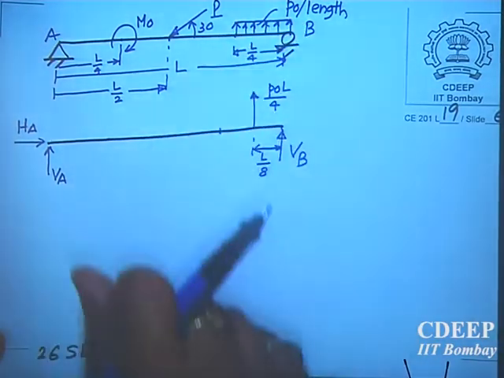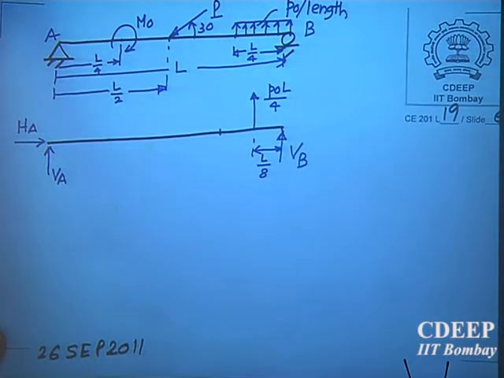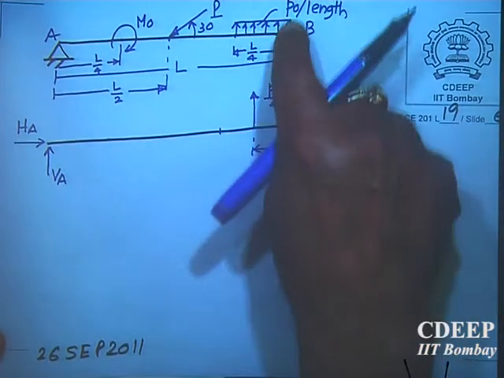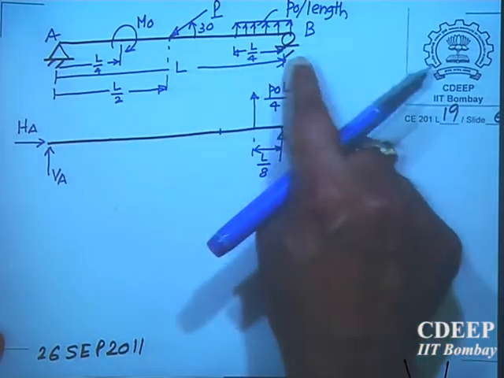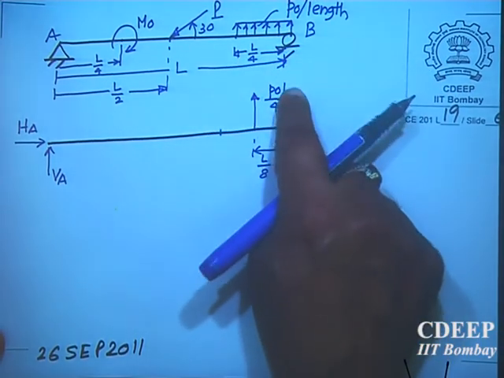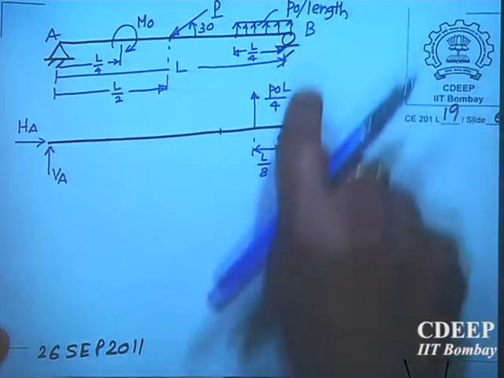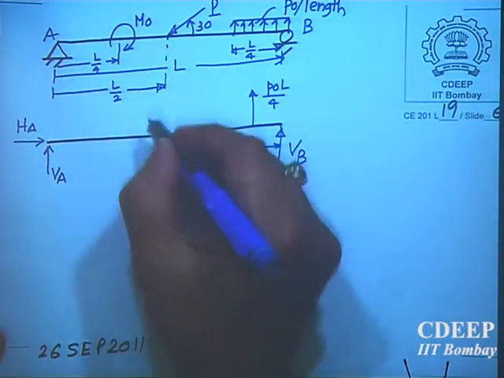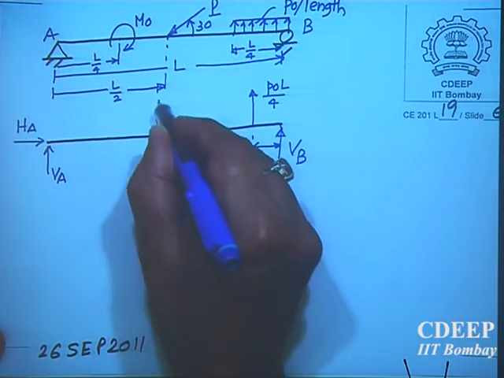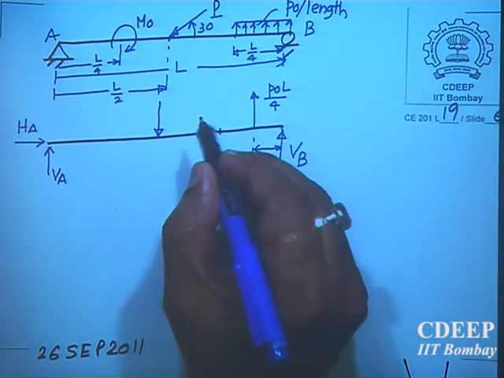This total load, this is a UDL, uniformly distributed load. Intensity of load is P naught. So total load is P naught into length. What is length? L by 4. So L by 4 total load upwards, and that will act at the center. Center is at what distance? L by 8. Now this one at the center here is how much? What is this component, please? P sin 30. P sin 30 is how much?